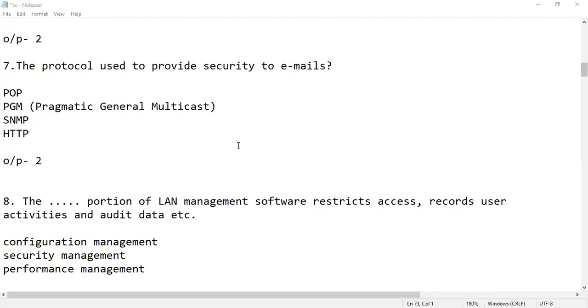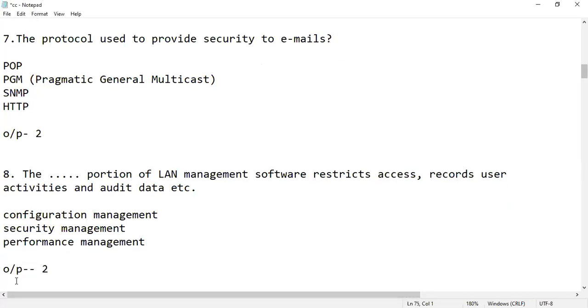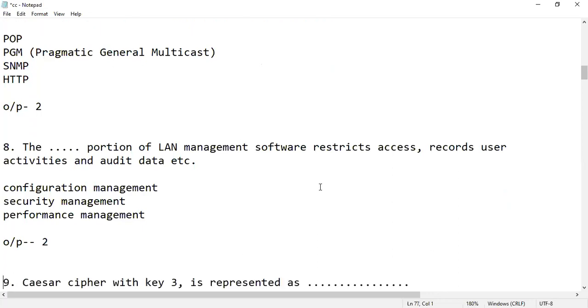The security management portion of LAN management software restricts access, records user activity, and audits data. The answer will be option B.